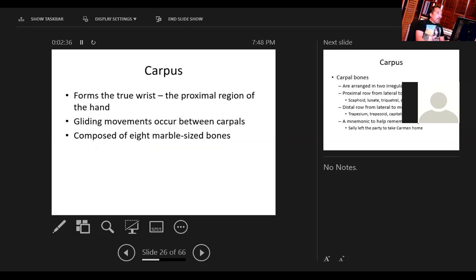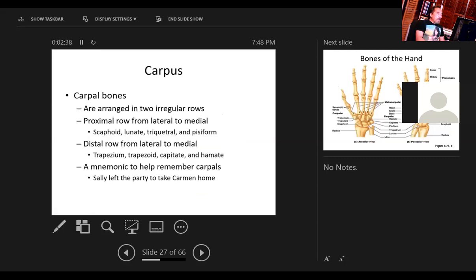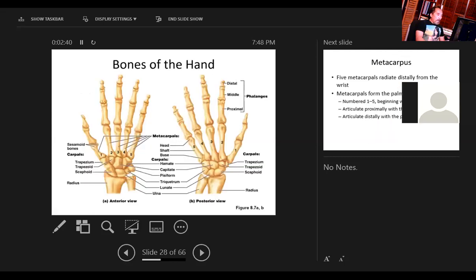Okay, so we're going to be looking now at the wrist bone. We call them carpal bones. Take a look at the carpal bones. There are 8 of them, 4 in the proximal row: 1, 2, 3, 4. This is the palm-facing-forward picture.